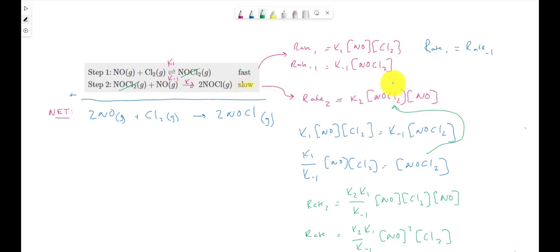We couldn't stop there simply because that rate law was in terms of an intermediate species that doesn't actually exist in the overall reaction, so we had to do a little bit of fancy footwork here with the first step to make sure we could do some substitutions. But now we're in a good form, so the overall rate that we would predict for this reaction would be third order, it'd be second order in NO, and first order in Cl2.